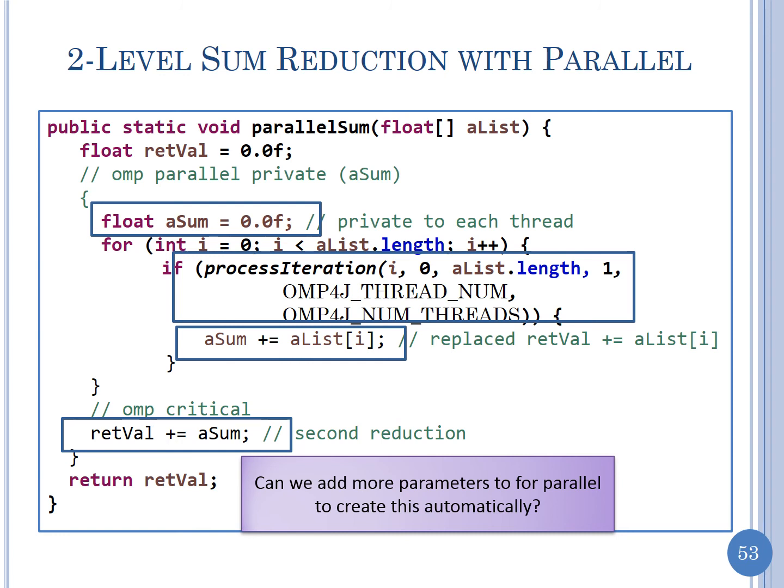I haven't really automated things the way I would like to. I'm doing process iteration, but I've got a formula, and I have a private variable there. I will have a for loop in here. We'll do this at the end. Can we add more parameters for parallel to create this automatically?